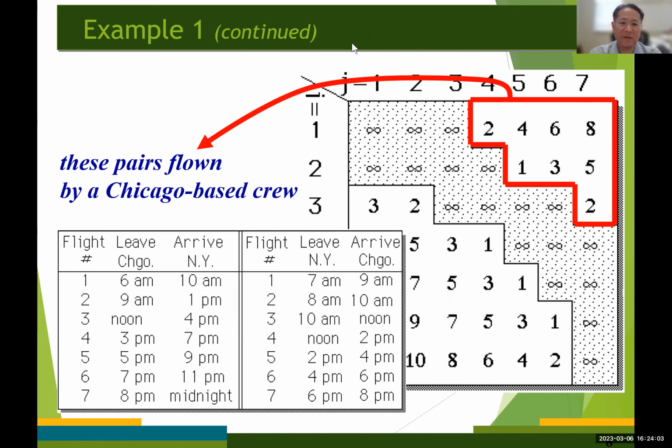Let me disable my camera so you're going to see the full screen. Okay, so here's the thing.